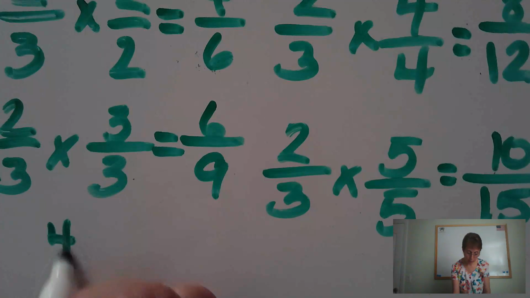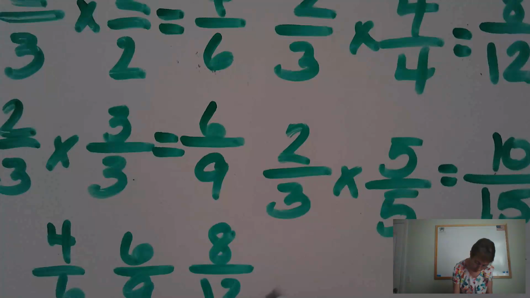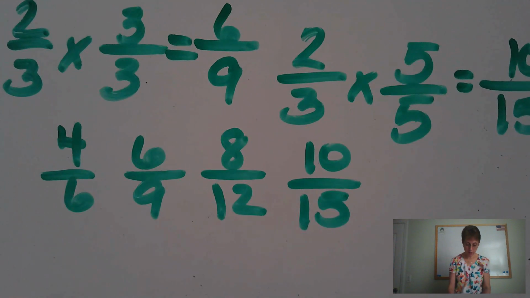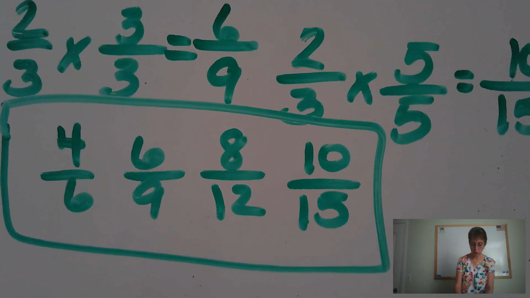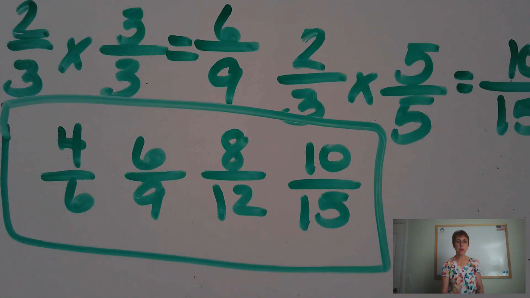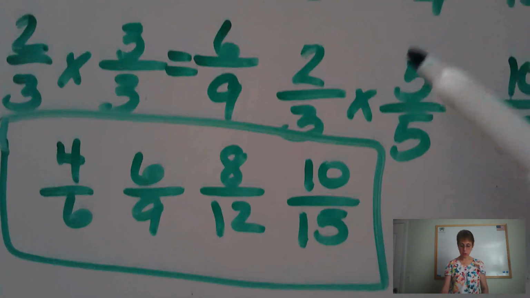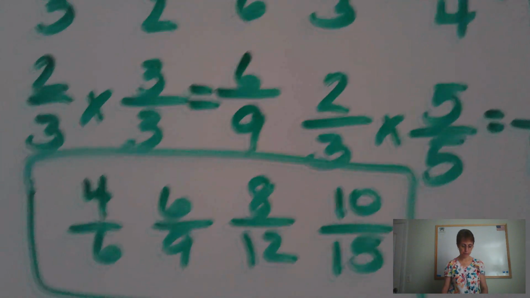So we ended up with 4/6, 6/9, 8/12, and 10/15. There we have the 4 fractions that are equivalent to 2/3. Okay, and all we had to do was multiply by a fraction named for 1, but in this case, they very specifically told us what fraction names for 1 to use.